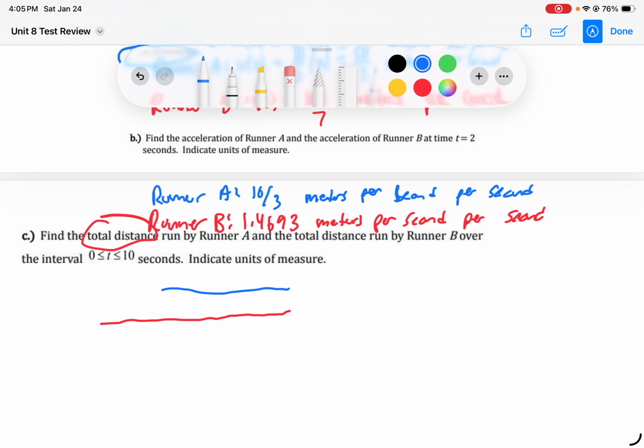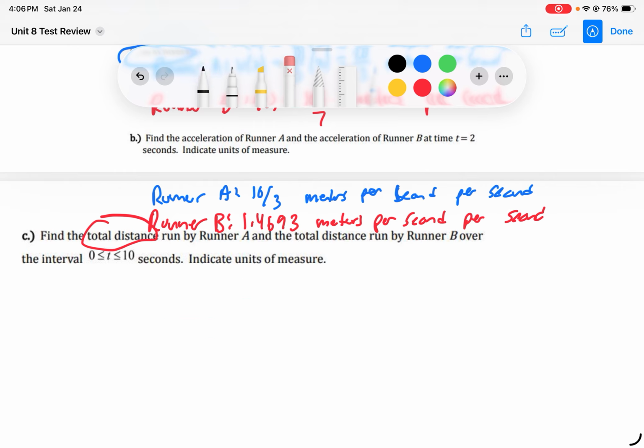And if velocity was 3 for a second, and then it was -2 for a second, then it traveled right 3 meters, left 2 meters. Now it's back 1 meter away from where it started. So if I integrated this idea, it would give me 1. But if I integrated the absolute value to find the total distance, I don't care that that's a -2. I find that the total distance traveled was 5.